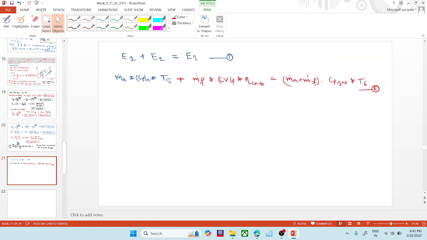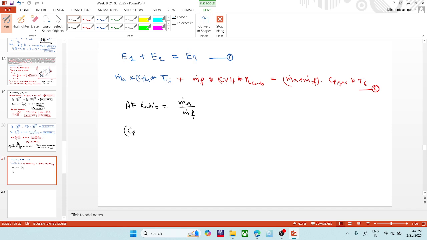So now let me define the term. What we have to determine is the air fuel ratio. The air fuel ratio would be the mass flow rate of air divided by the mass flow rate of the fuel. So I'm dividing this equation 2 by m dot a.